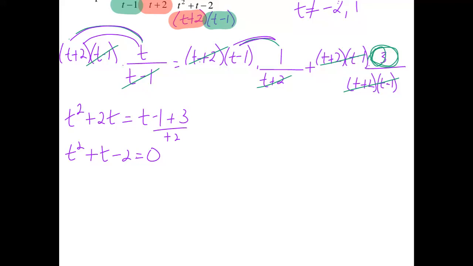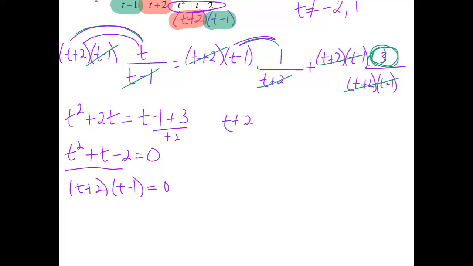And again, we're down to a trinomial, which we need to factor. Now, hopefully, maybe you notice that this trinomial and the original trinomial are identical. So the factoring that you did at the beginning, you don't have to do it again because we already found it. The factors here are t plus 2, t minus 1. Set those equal to 0, and maybe you're already thinking ahead what's going to happen.